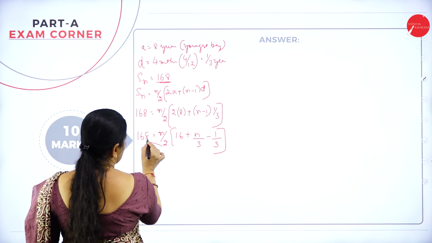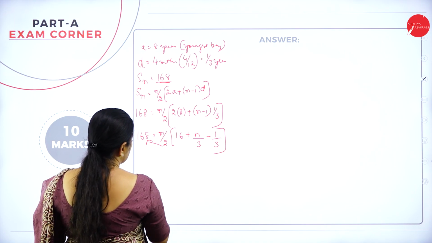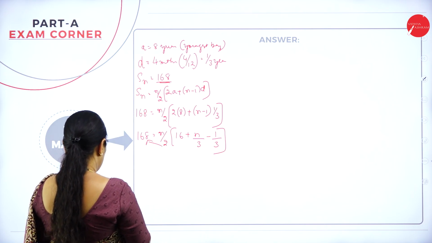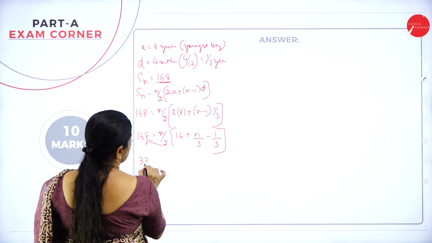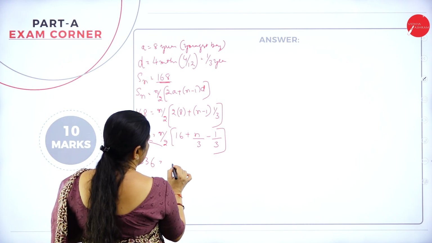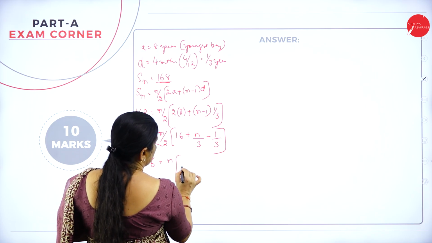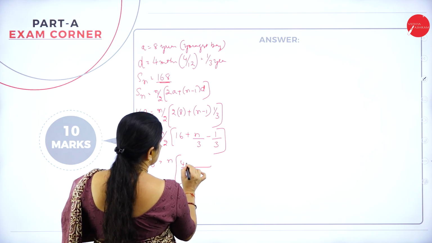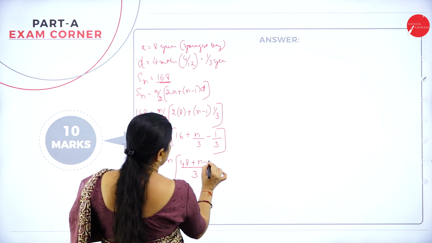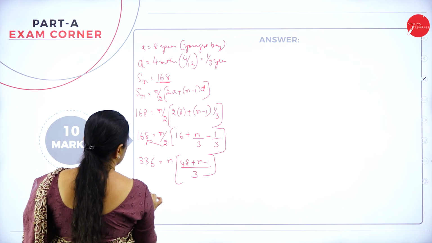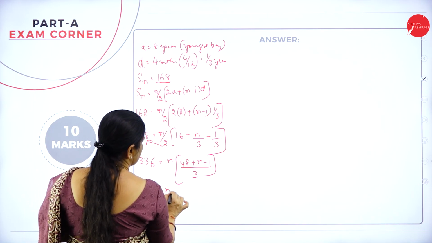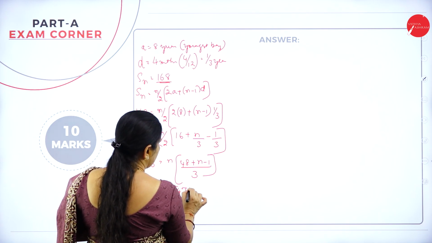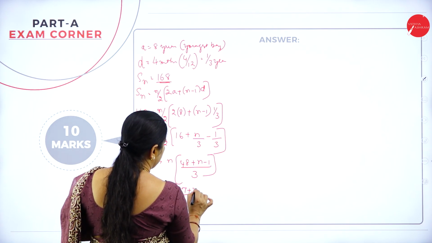So I will just cross multiply here. 168 into 2, 336 equals n into, so I take the LCM of this. This will be equal to 16 threes are 48 plus n minus 1. So 336 will be equal to n into (48 minus 1 is 47 plus n) divided by 3.